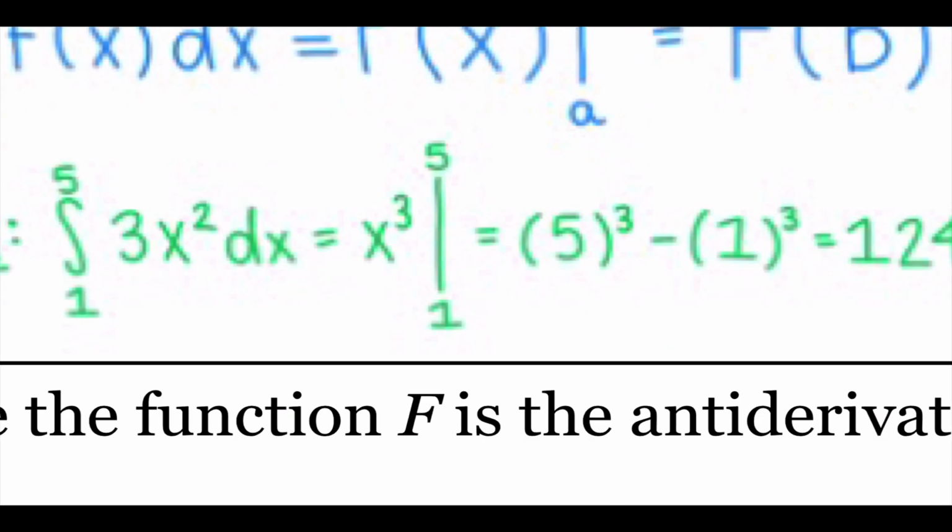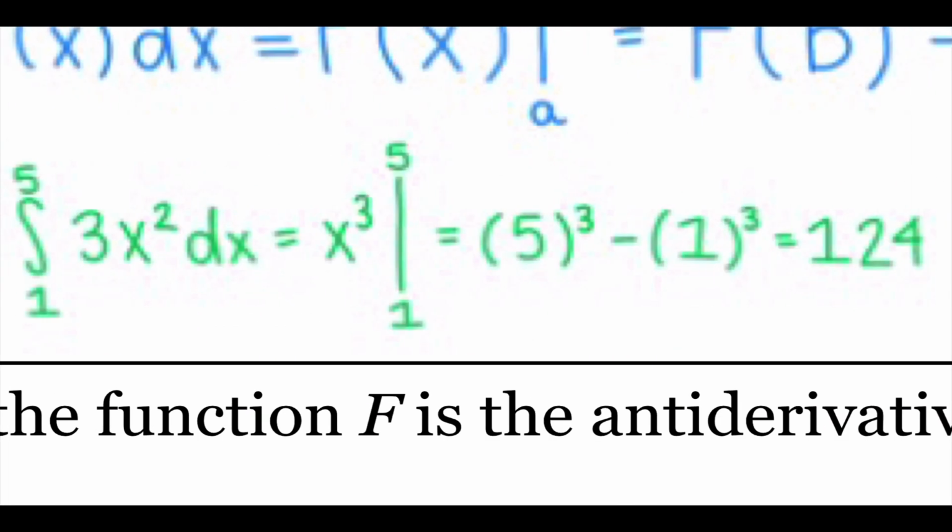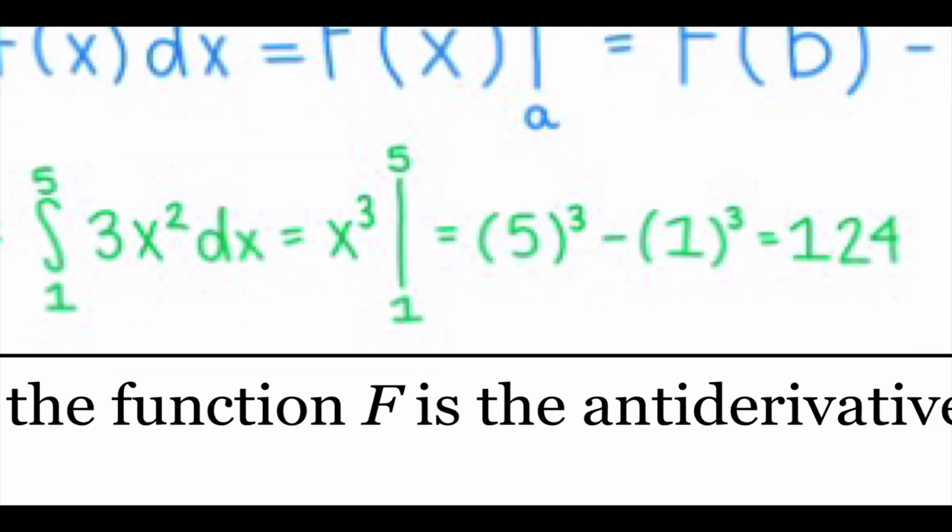That's what we're doing today. So what are we plugging in? They plug in 5 in here. Then they plug in 1 in here. So here they get 125, and here they get 1. So when you subtract them, they get 124. So 124 is the area under the curve from 1 to 5 for 3x squared. Okay?